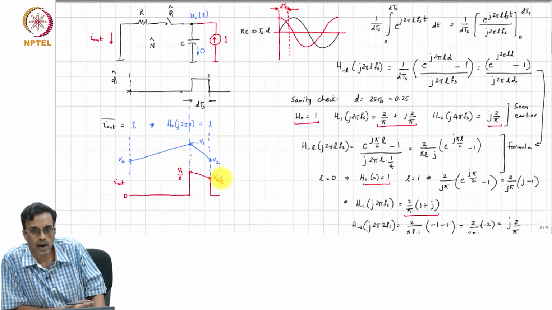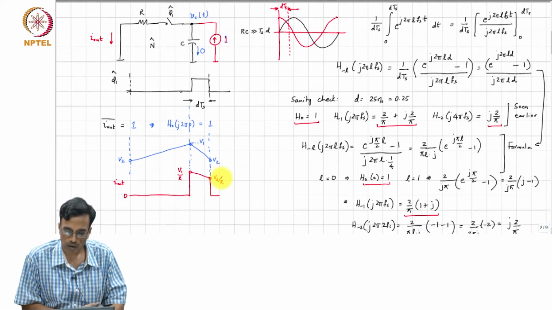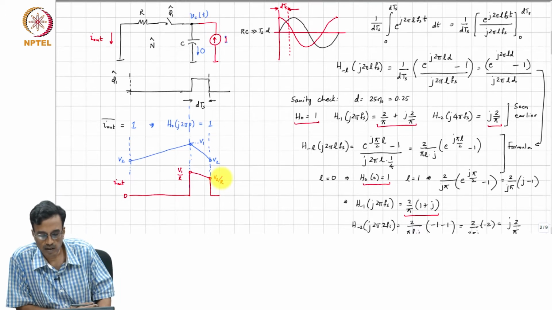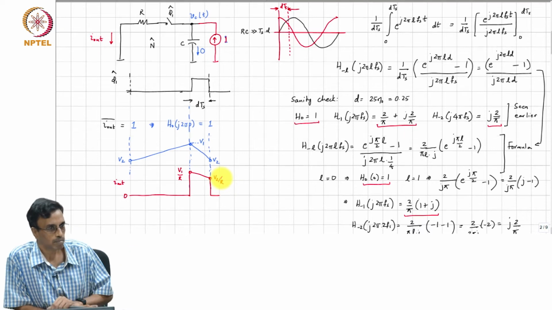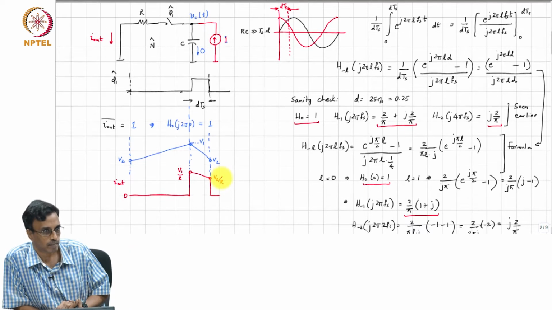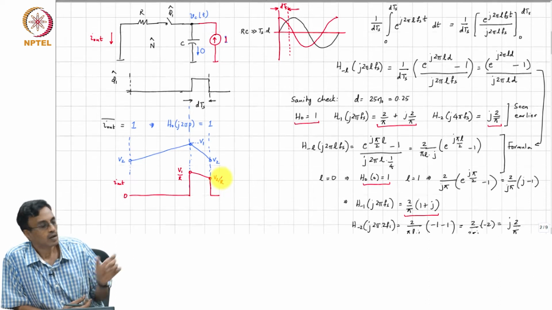Okay. And if you go on increasing the value of the capacitance, what will change in this waveform? That change V1 by R to V2 by R will be almost flat.